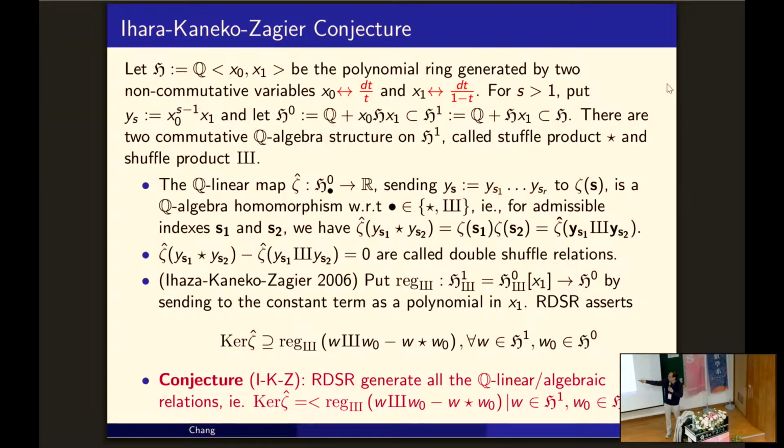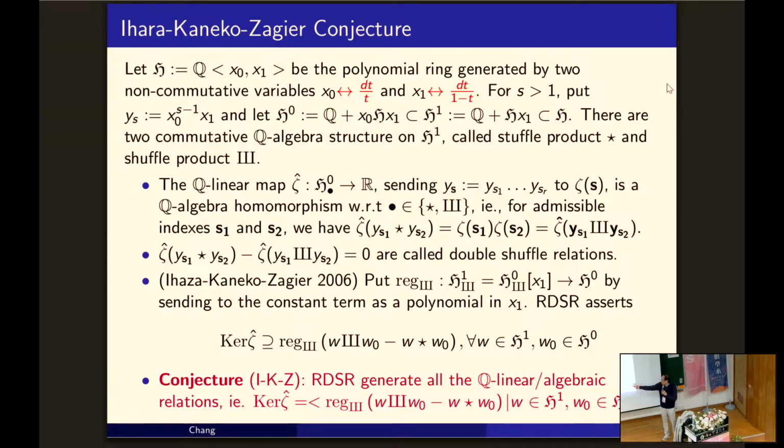You just define a map that sends any element to its constant term. If you write it as a polynomial in x1 with the multiplication sharp, you send it to the constant term. The constant term is in H0, and H0, by definition, is where MZVs are defined.